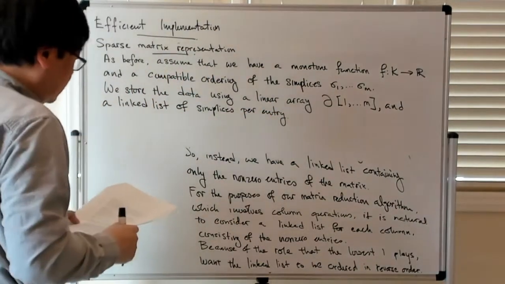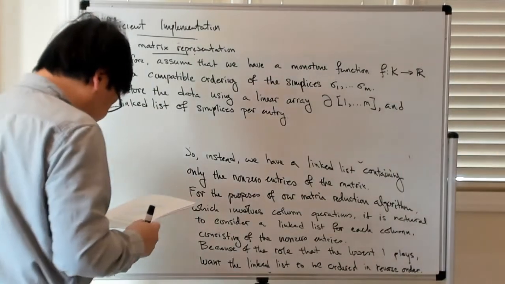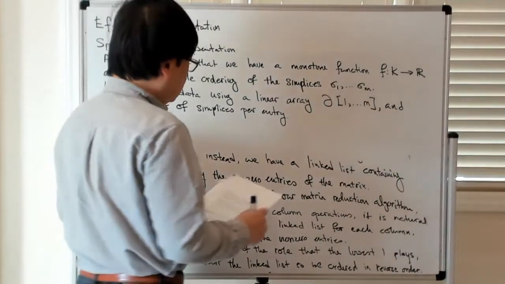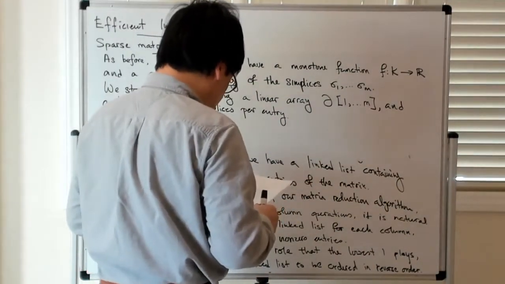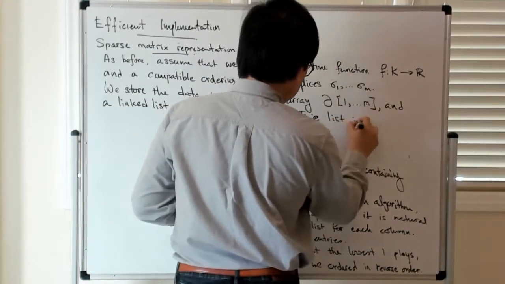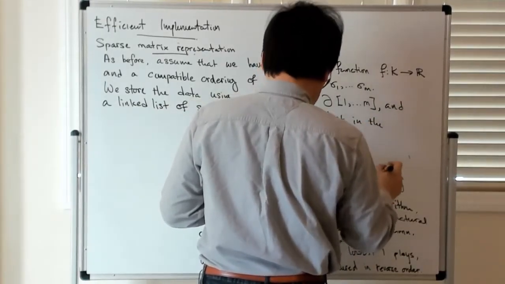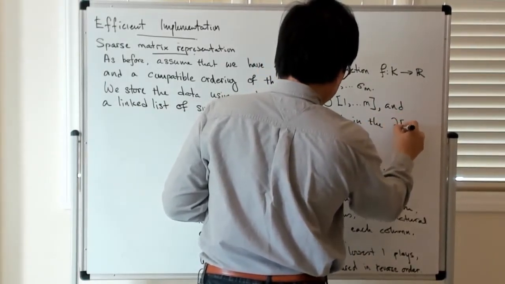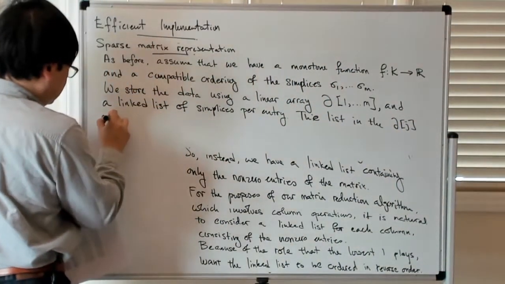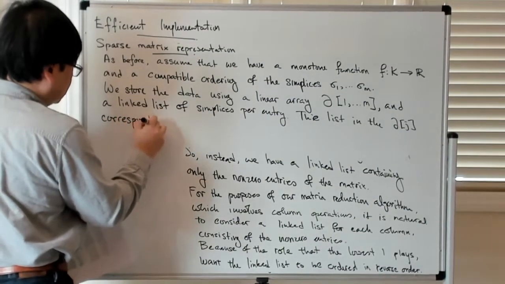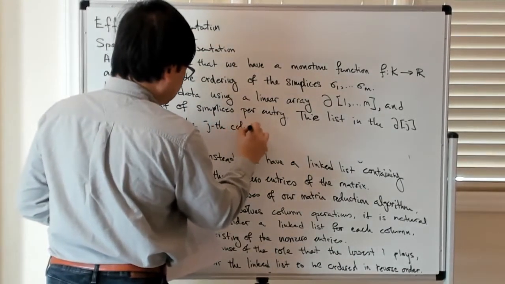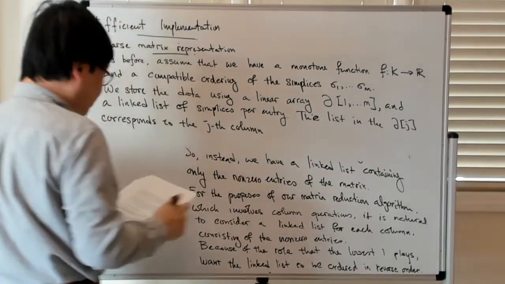Okay, all right. So this is again consistent with what we've seen so far, what we discussed so far. So as I alluded to, the list in the sort of boundary J corresponds to the jth column of the boundary matrix.